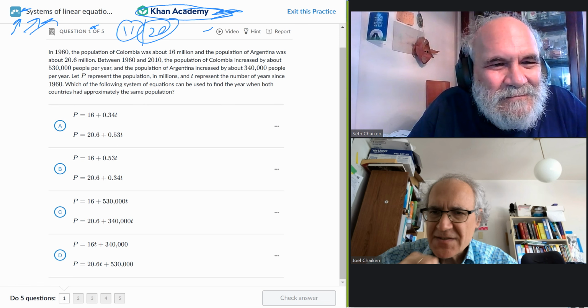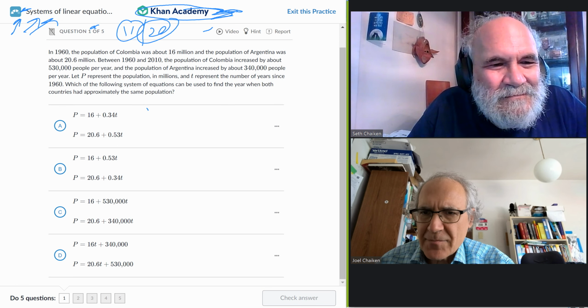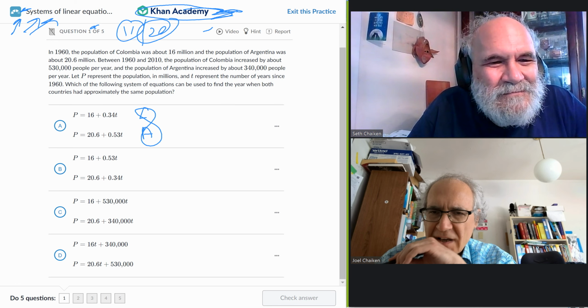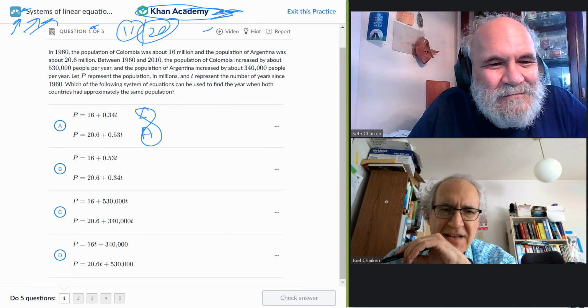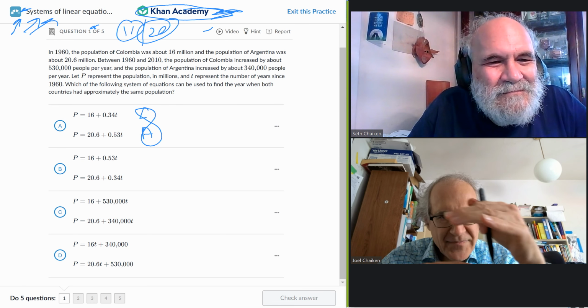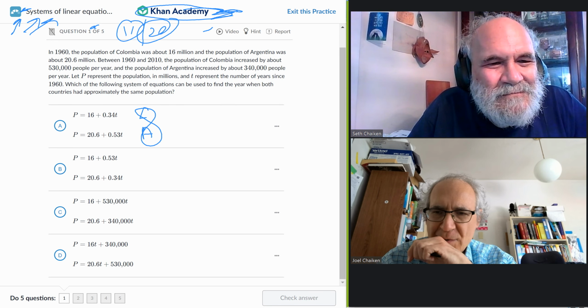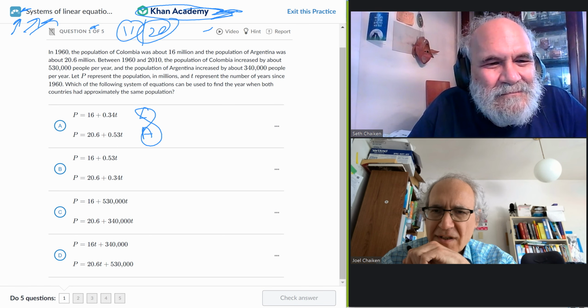So one of these P's represents Colombia and the other one represents Argentina, or vice versa, right? And then you want to let the two P's be the same, so that means you would equate those two. Are you working in hundreds of thousands and millions, or in actual numbers?